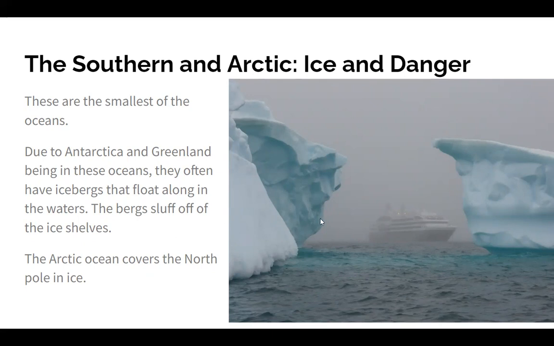And the ice shelves release these big floating chunks of ice. Okay, so the Southern Ocean and the Arctic Ocean. And we'll talk about those in greater detail when we get to ocean currents and how important those are. All right?